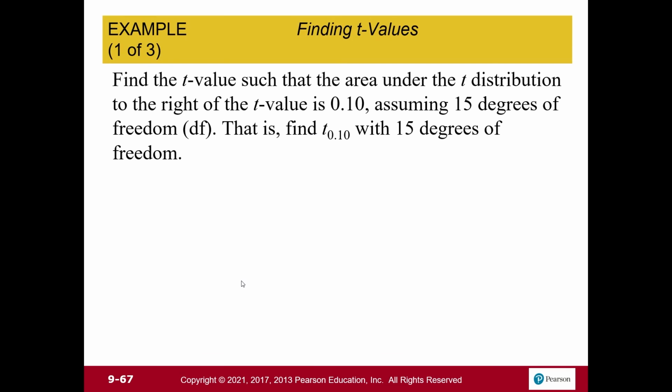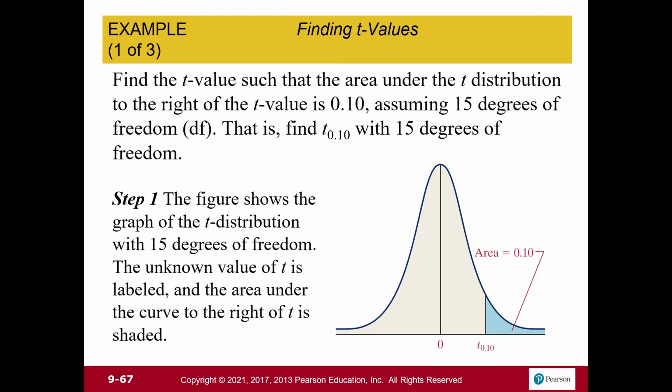Now find the t value such that the area under the t distribution to the right of the t value is 0.10. Assume 15 degrees of freedom, that is, find t sub 0.10 with 15 degrees of freedom. If we were to draw this, the t distribution for 15 degrees of freedom will look like this, and the area to the right is going to be 0.10, exactly 10% of the entire graph.